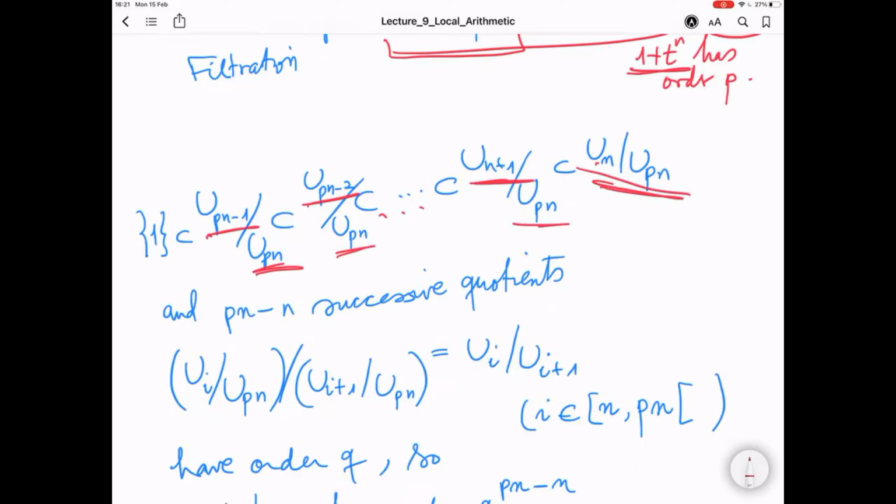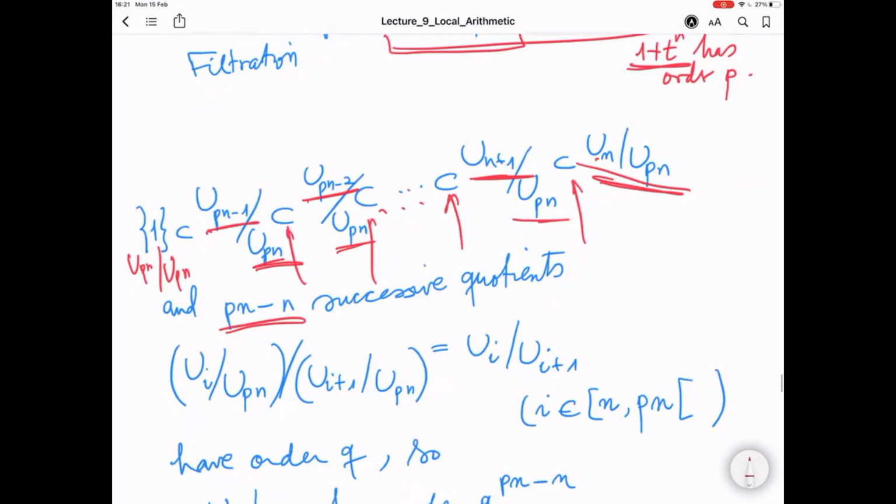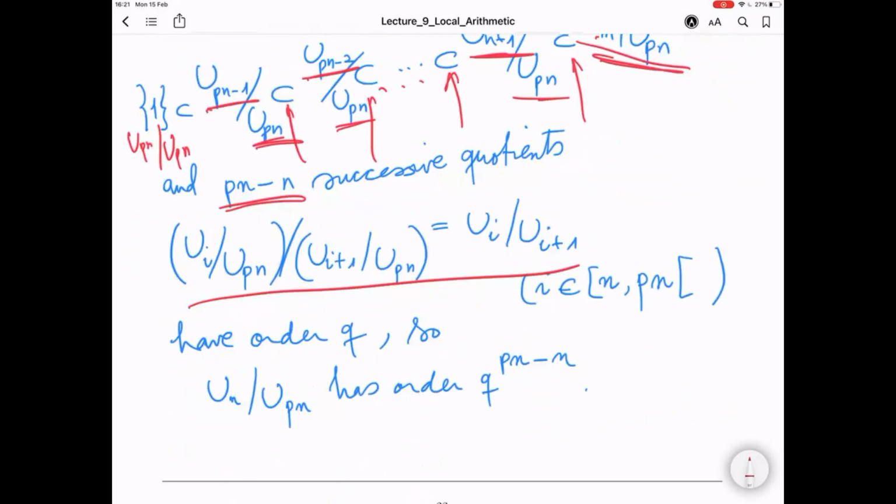And finally, this is, of course, upn modulo upn. Now, there are these p minus 1 successive quotients here, all the way up to here. And each of these successive quotients is actually just ui modulo ui plus 1, which we have seen is isomorphic to k plus.